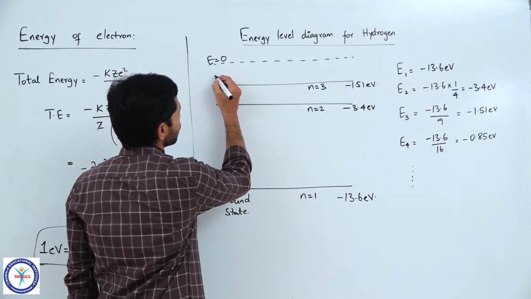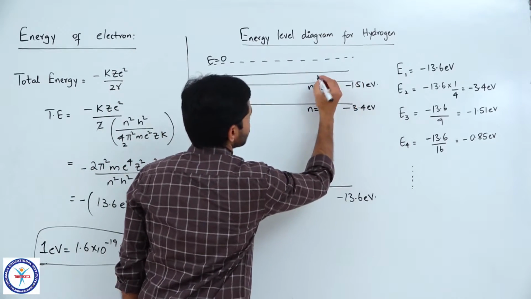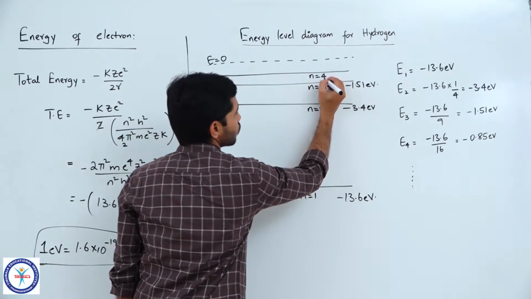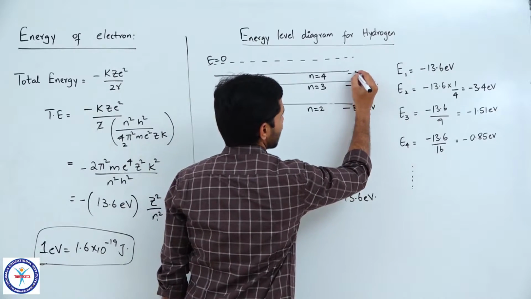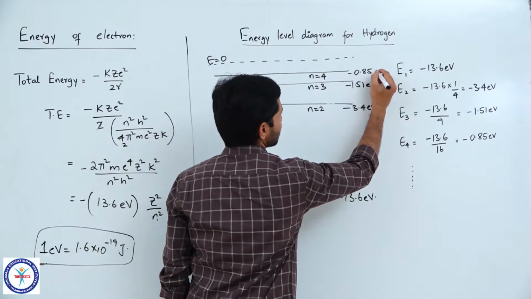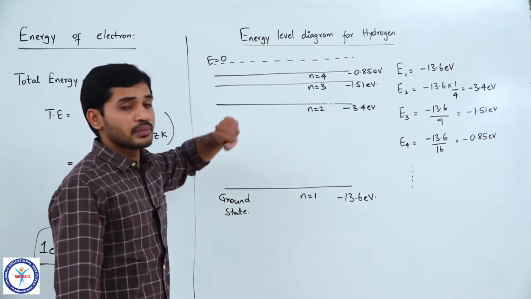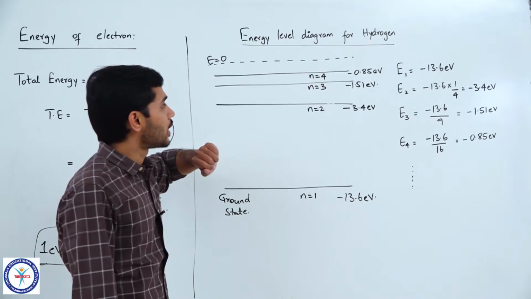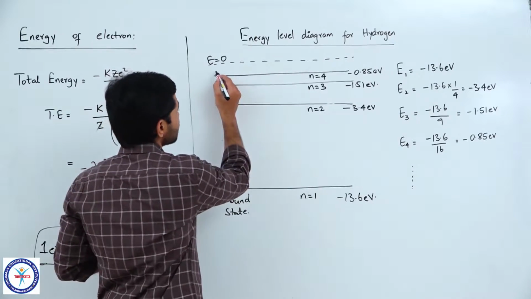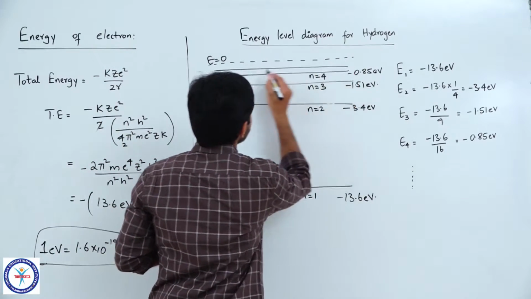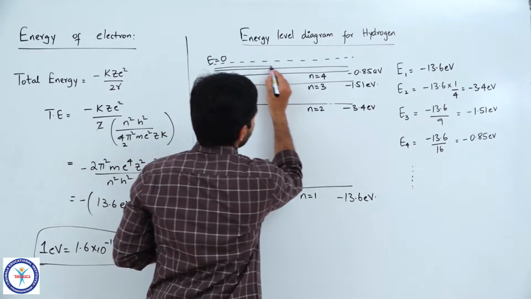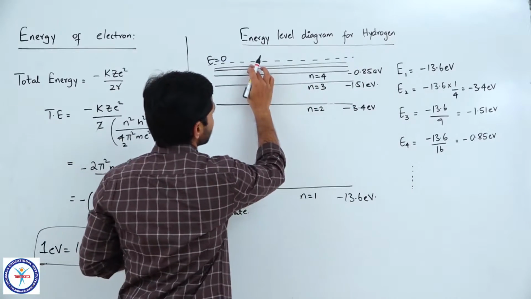So, that would be somewhere over here. So, this corresponds to n is equal to 4 and the energy is minus 0.85 electron volt. And similarly, we can draw many such energy levels, and you can basically understand that the energy levels would be like this as we go ahead. So, now you can actually see a pattern over here.